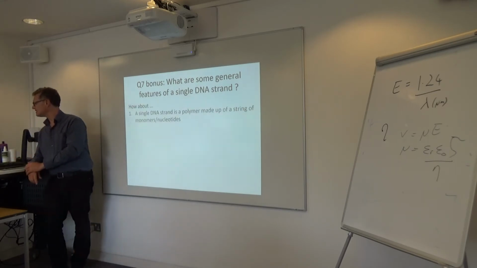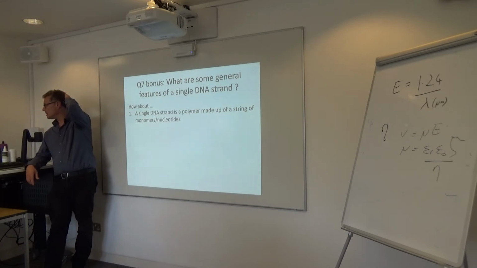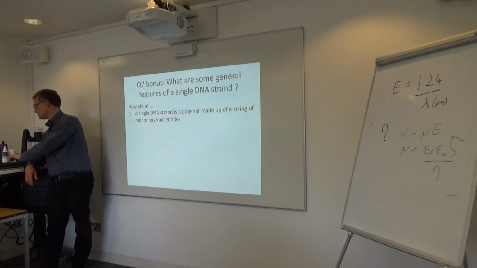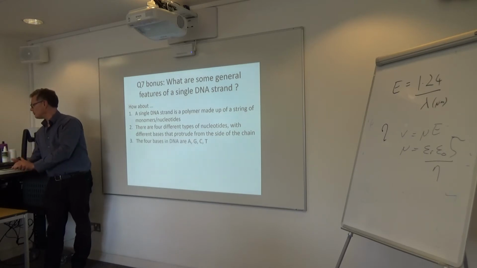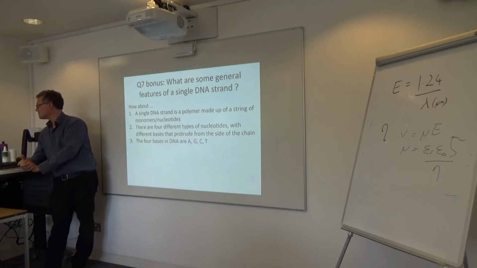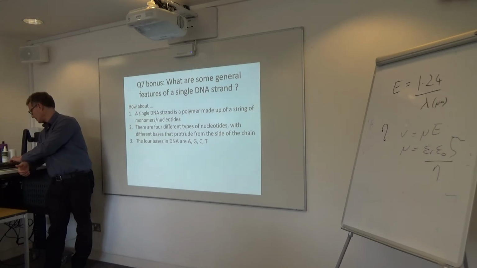So I had single DNA. So mention the polymer structures. There's a string of them. The four bases, so we had that, and the nucleotides, didn't mention that. You could talk about how the bases pair up.